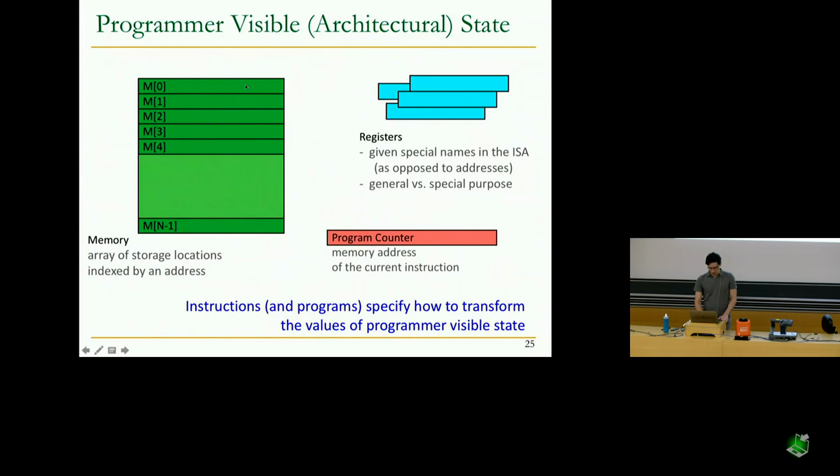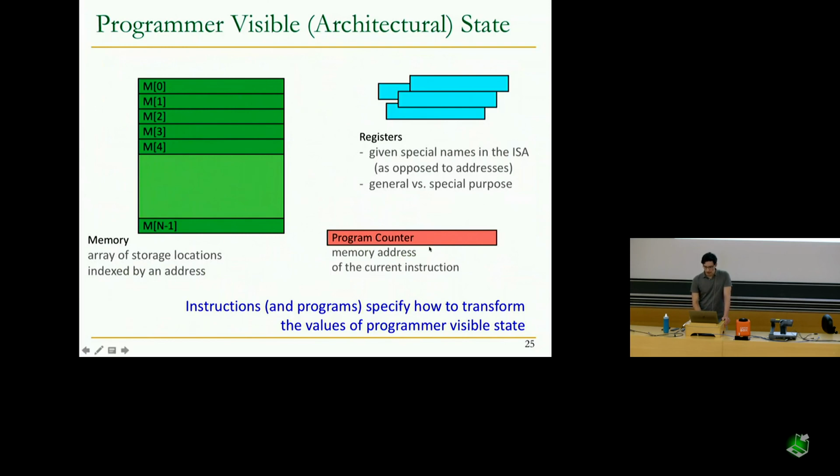As you see here, we have the memory where we store programs and data. We have registers, some general purpose registers, some other registers with a special purpose, like the instruction register. And then we also have the program counter that will tell us what's the next instruction to be executed.